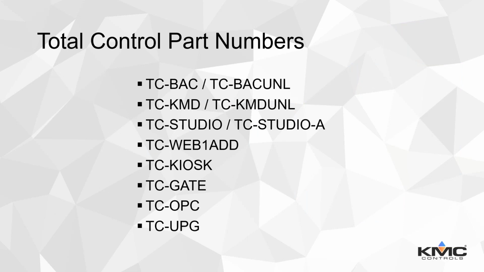One of the part numbers that you'll see is called TC Gate. It's a protocol gateway service. Going forward in 4.5, that's going to come standard and free of charge with all installations.